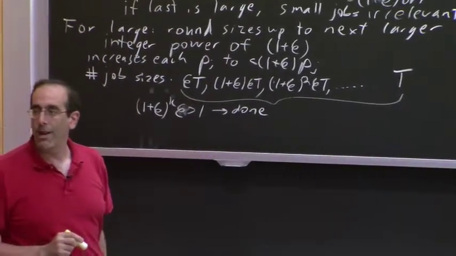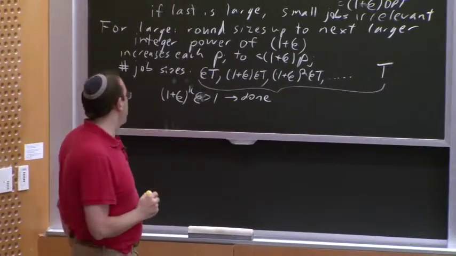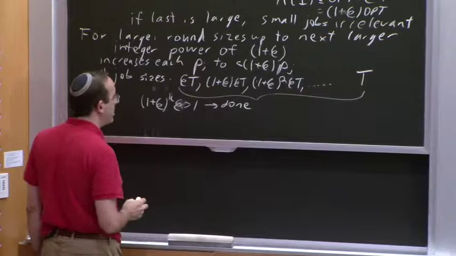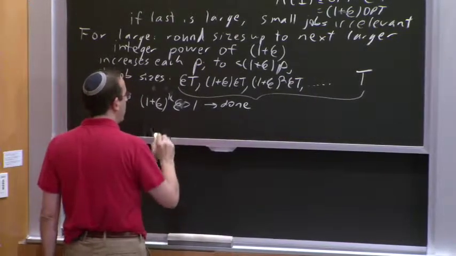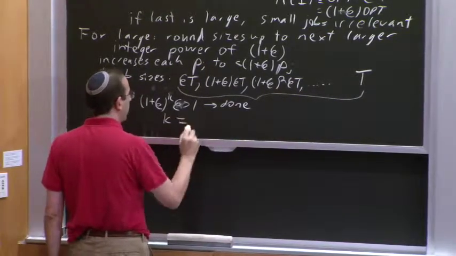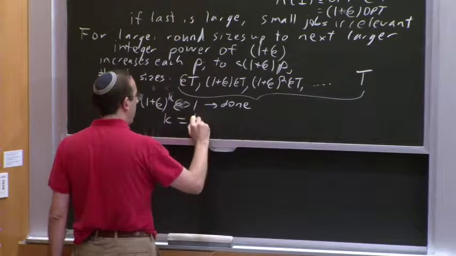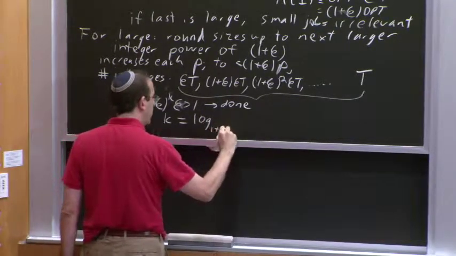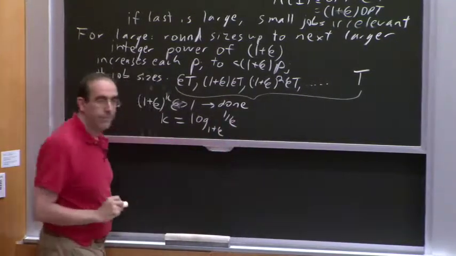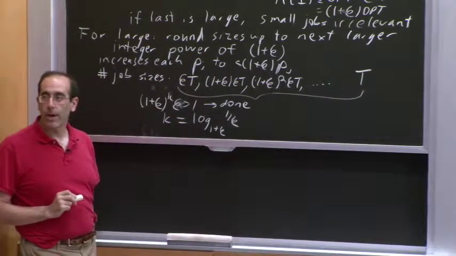So for how many values of k do I need to think about? What value of k is this going to be? That's going to be k equals log base 1 plus epsilon of 1 over epsilon, right?